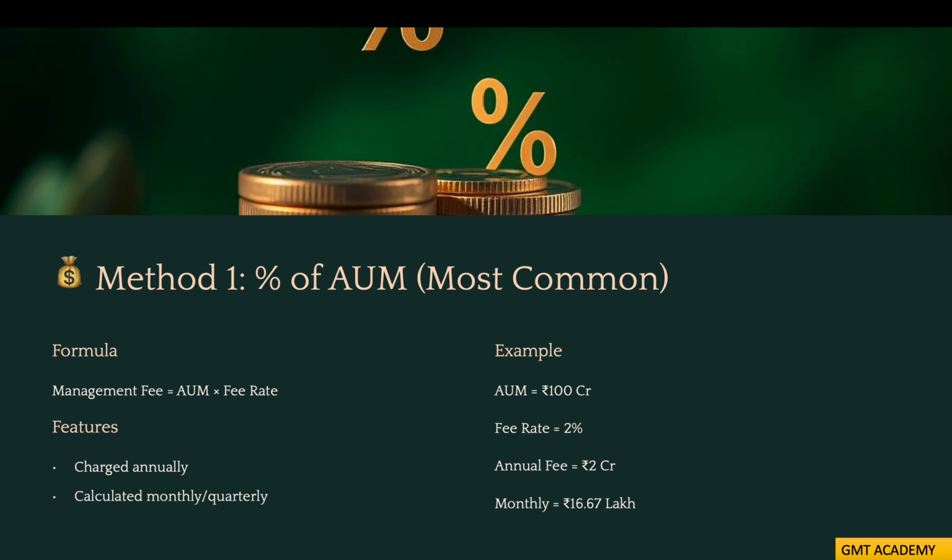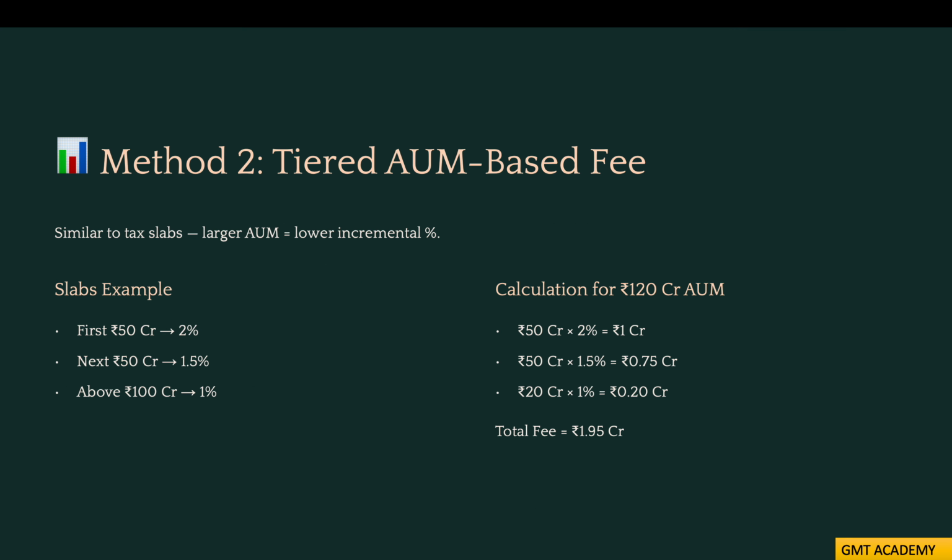Whatever the AUM is, at 2%, for example 10,000 crore, the 2% comes to 200 crore. 200 crore comes from multiplying by 2 and dividing by 100, and annually they get that. Monthly, you can divide by 12. If you calculate annually, divide by 12, or if you want daily, you can divide by 365 days.